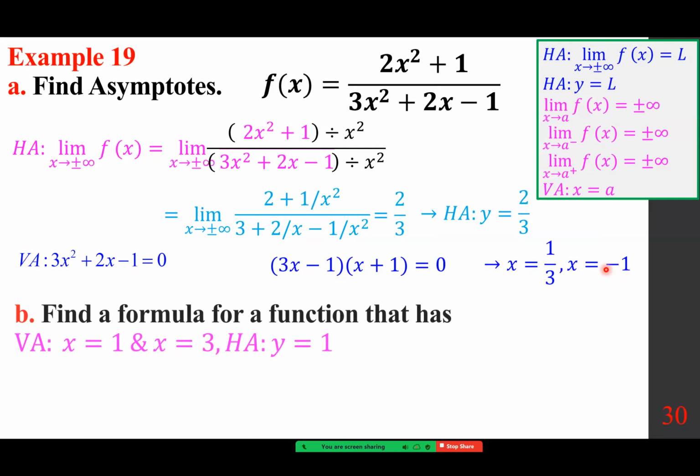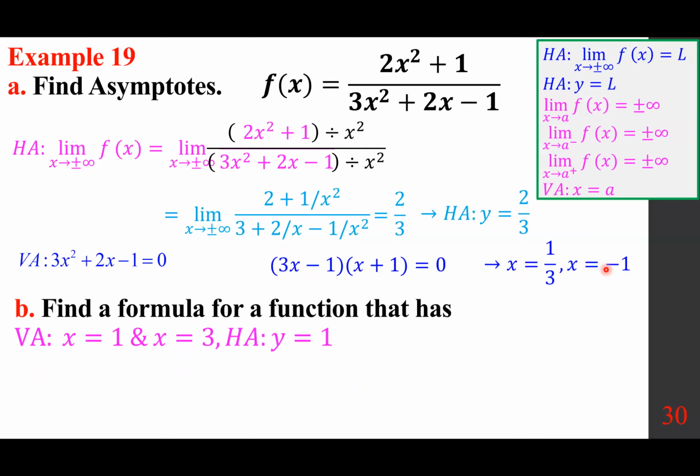Finally, for this part, we want to find the formula for a function that has a vertical asymptote of x equals 1, x equals 3, and the horizontal asymptote of y equals 1. And please understand this is not necessarily unique, but here's one easy way to find it.